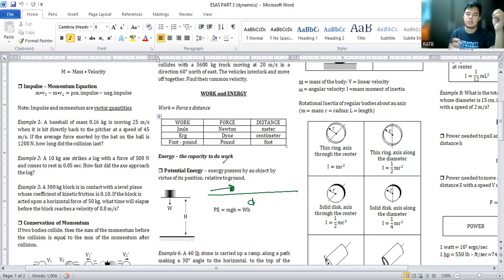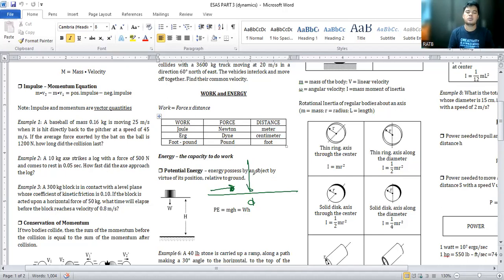distance traversed. If we consider the force which is perpendicular to the distance, then that is what we call moment. So that is not equivalent to work, but it's moment or torque.